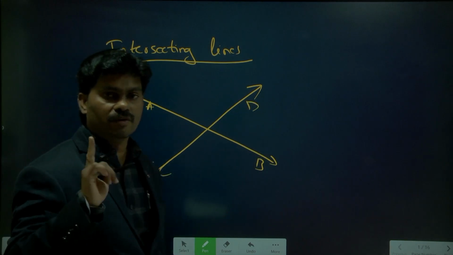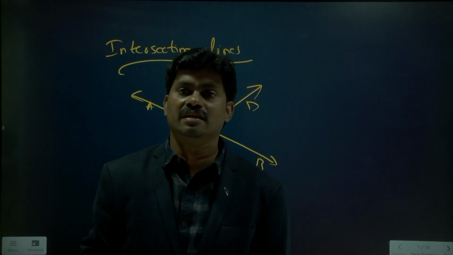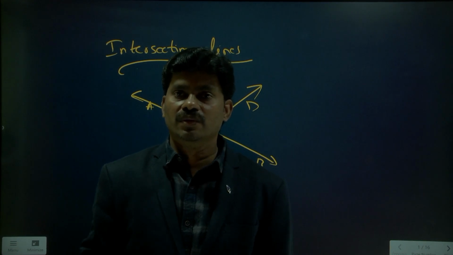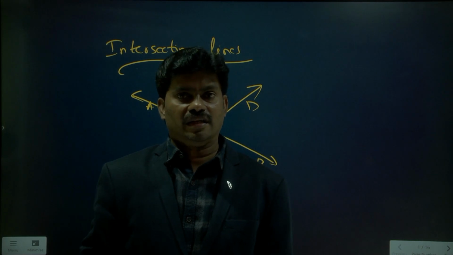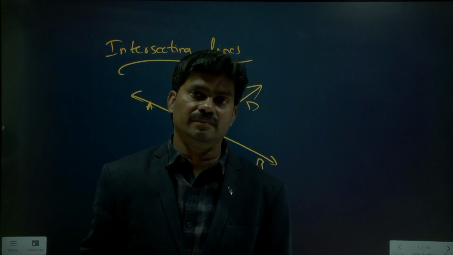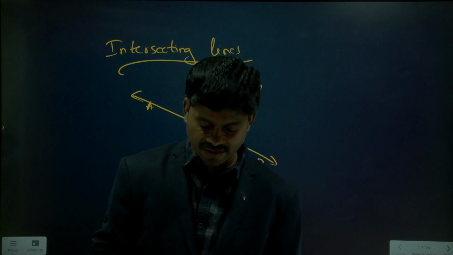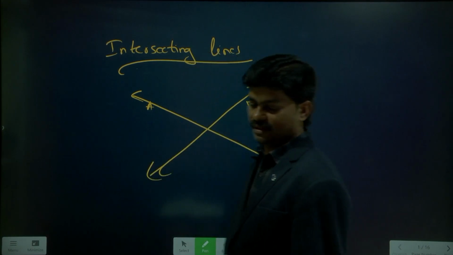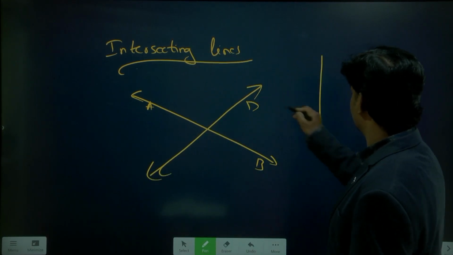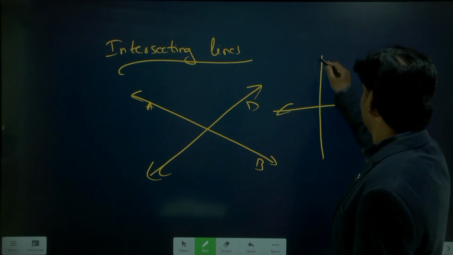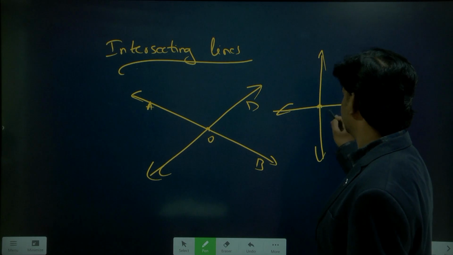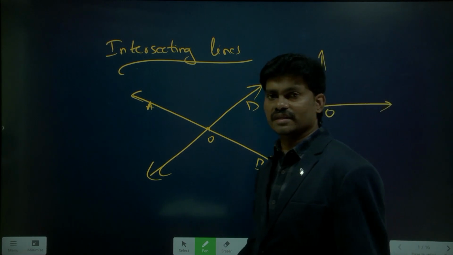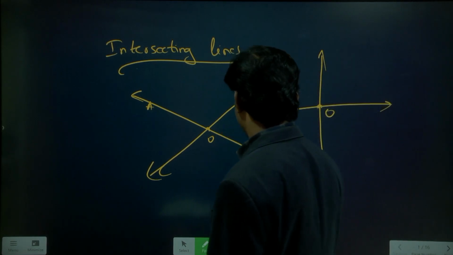They have a common point. They intersect at a point. Two lines intersecting at a point, having a common point, are said to be intersecting lines. They can be like this too. Let us take the intersection point as O. These are intersecting lines.